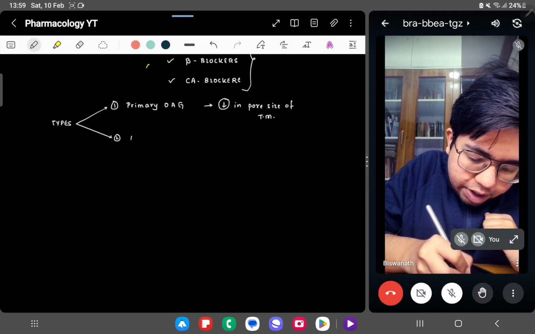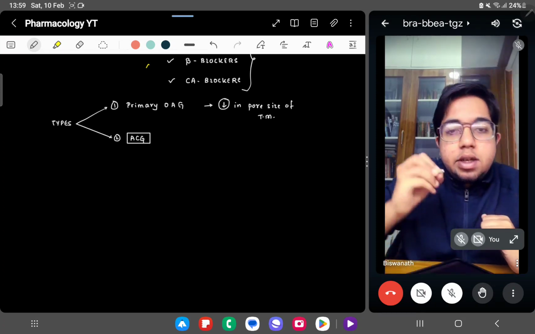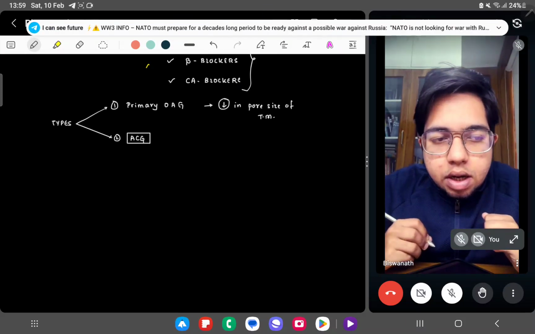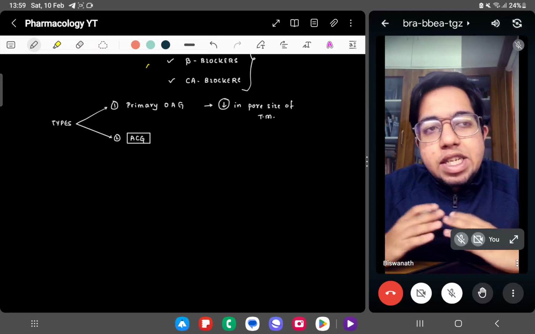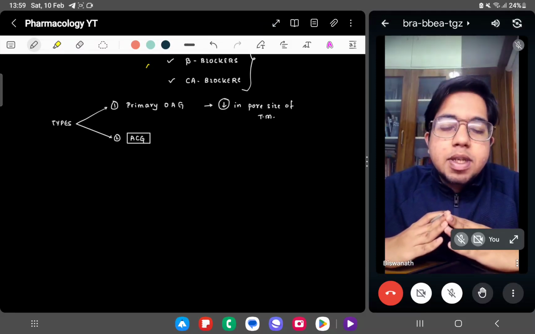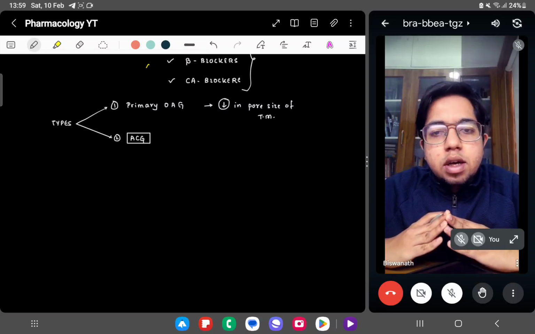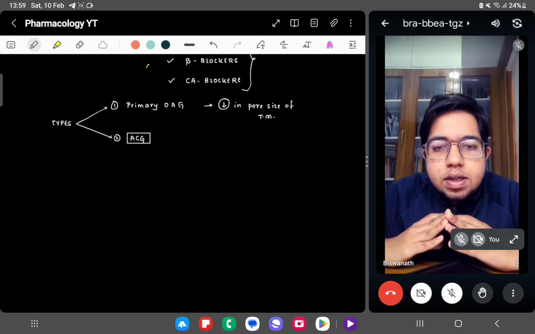So the second one is angle closure glaucoma, ACG. In this angle closure glaucoma, let's say the person has increased pupil size, or mydriasis. You know what mydriasis is.